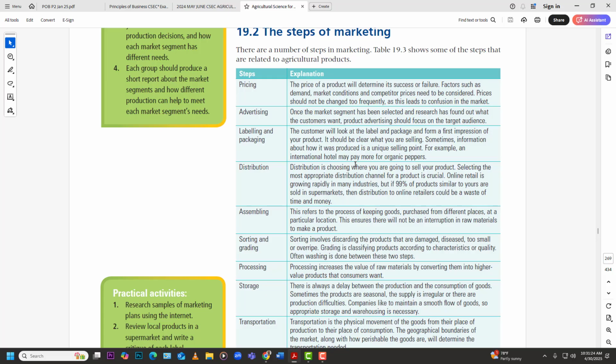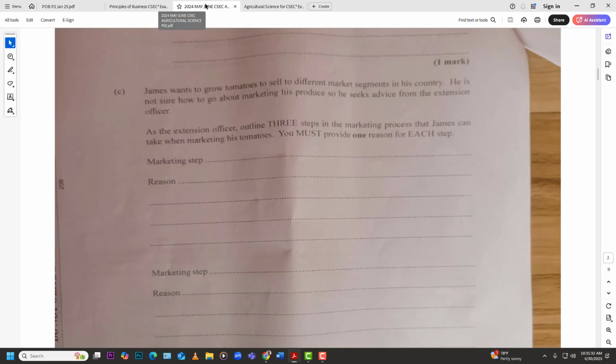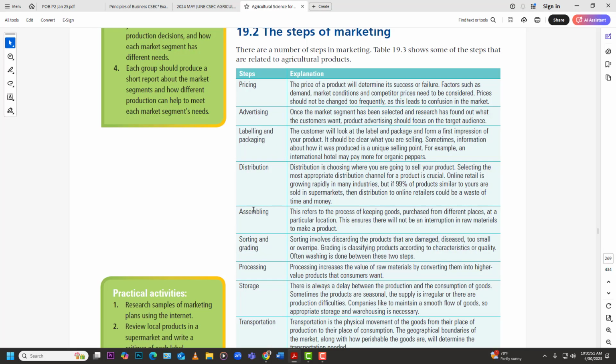Distribution, a next step. How am I going to sell my product? So with the tomatoes here now, you can choose your distribution channel, whether you're going to sell to the supermarket, whether you're going to sell directly to customers, whether you're going to sell to the Agricultural Marketing Unit. So you have to choose where you're going to sell, and it's going to be what's convenient, what's best for you, right?